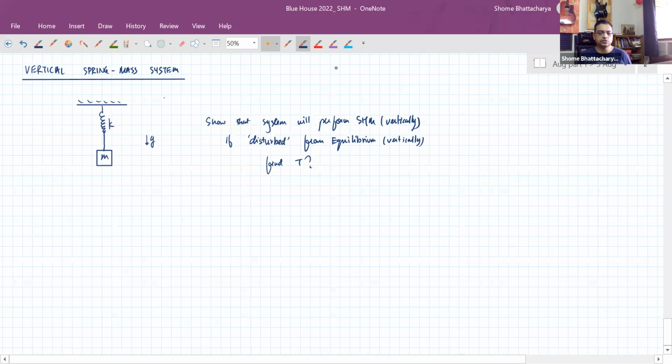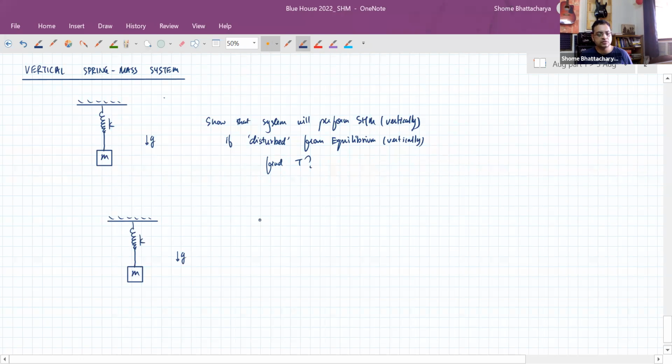So the condition for SHM we know is always that d2x by dt square is equal to minus omega square x. That kind of equation we should be getting. But here we'll have to adapt that equation a little, because x is the displacement from the mean position. So here that x is not going to be the same as the extension of the spring.